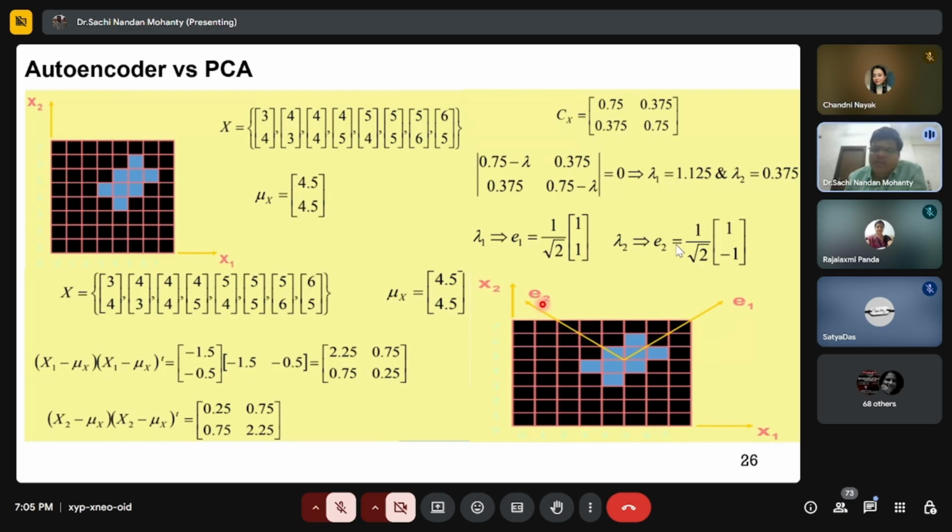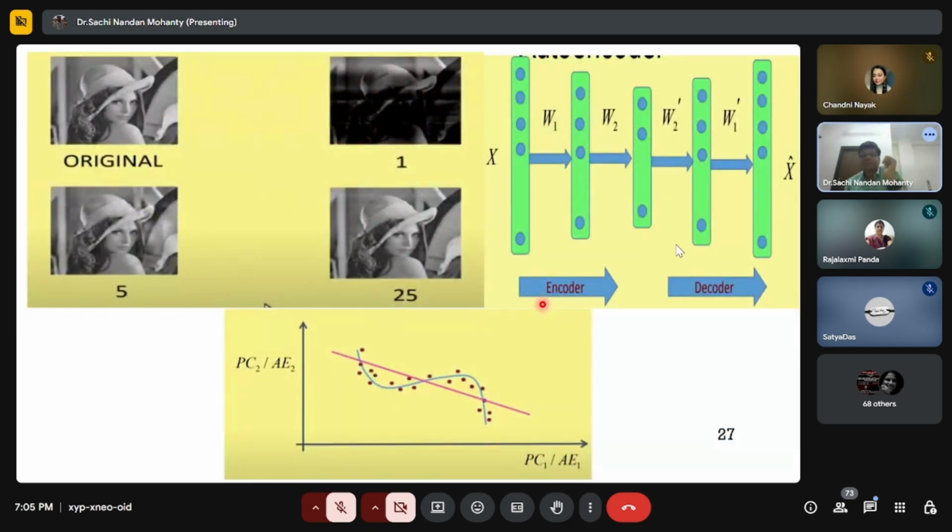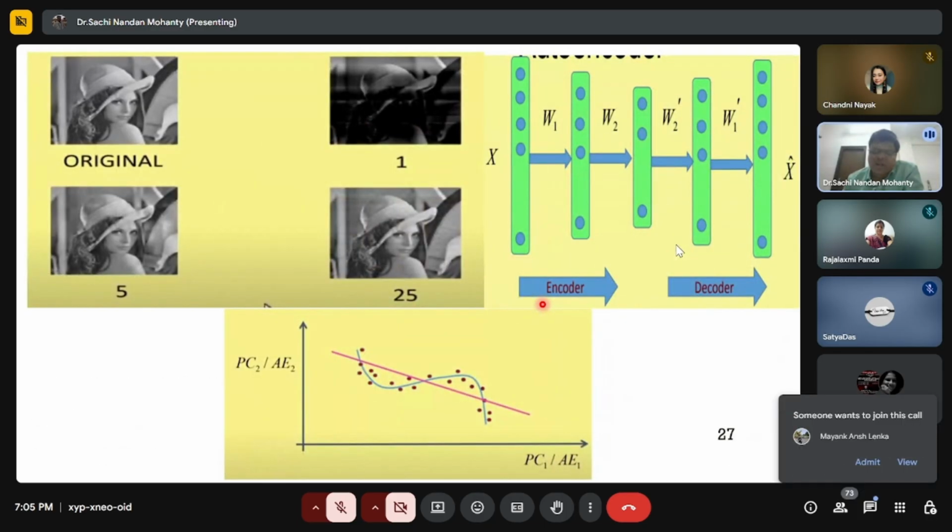So what is the meaning here? The meaning is that most of the data points are inclined towards eigenvector 1 rather than eigenvector 2. If the data is inclined towards eigenvector 1, that vector is nothing but your principal component.